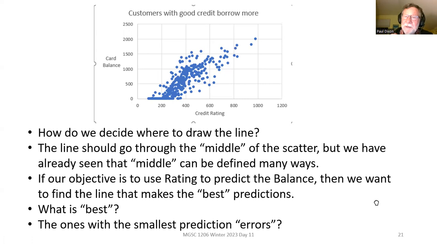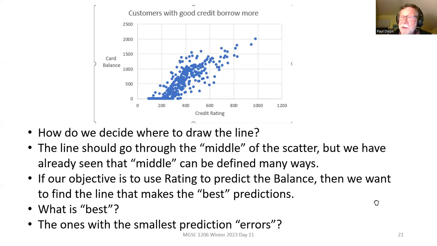And if I'm trying to predict balance, if I predicted the balance to be $1,000 and the balance turned out to be $985, I'd say my prediction was quite good. I was only off by $15. But if I predicted 1,000 and the actual balance turned out to be $2,000, then I'm way off.